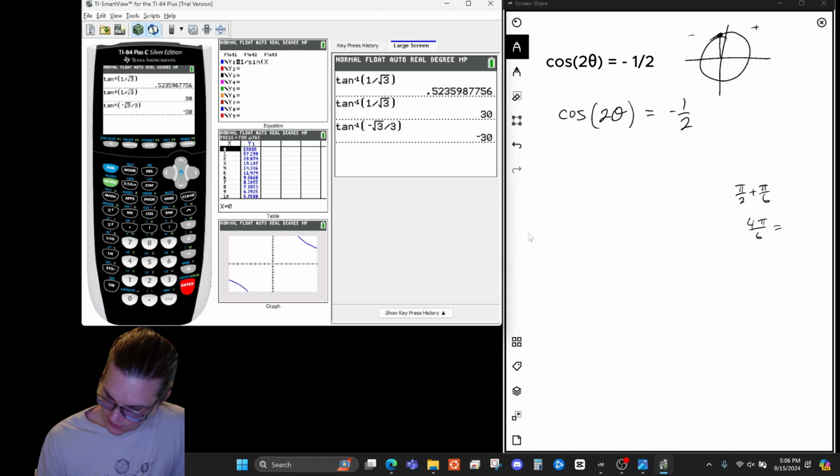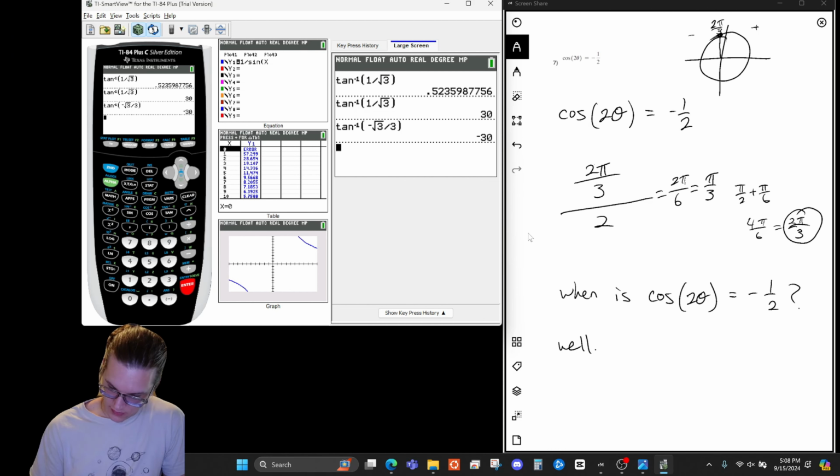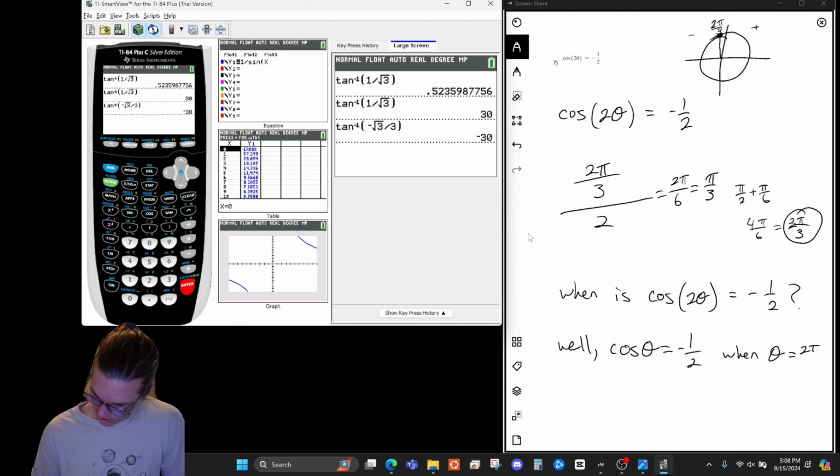But it's asking about when cosine of double the angle of theta equals that. So all you really have to do is cut this in half. 2 pi over 3 divided by 2, also known as cutting it in half, is 2 pi over 6, which is equal to pi over 3. So, right, when is cosine of 2 theta equal to minus 1/2? Well, cosine of theta equals minus 1/2 when theta equals 2 pi over 3.